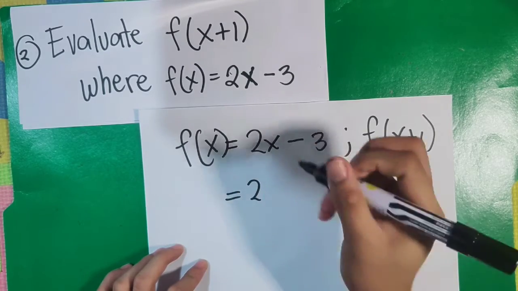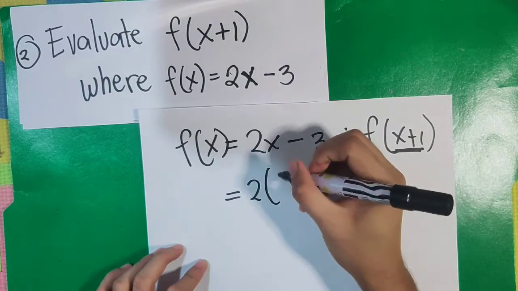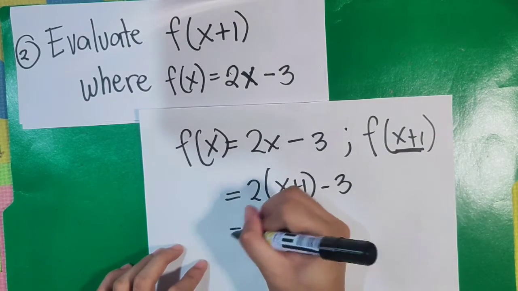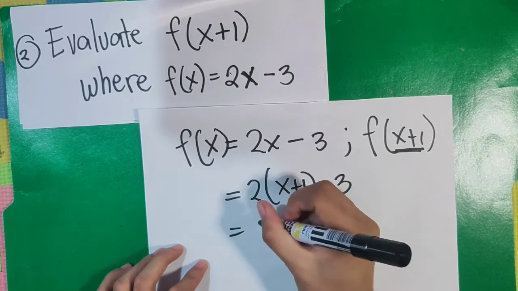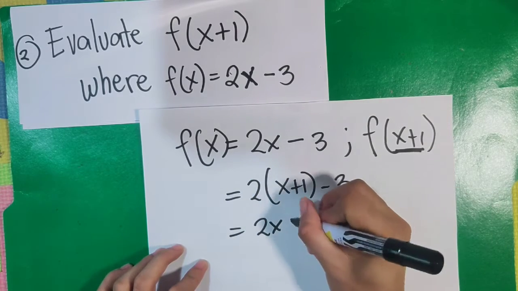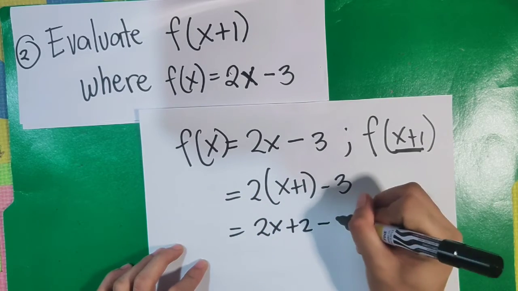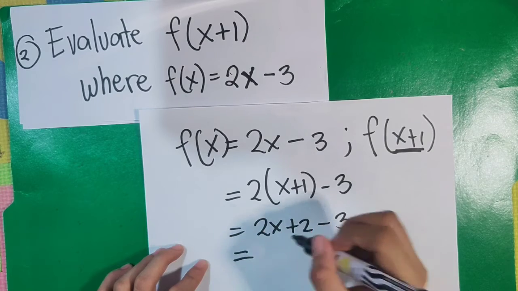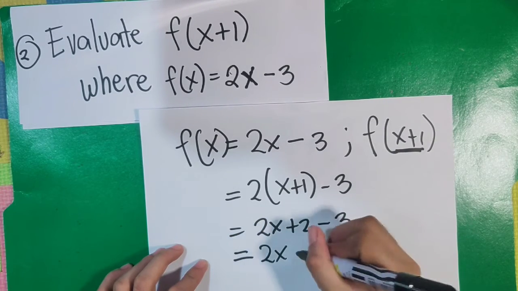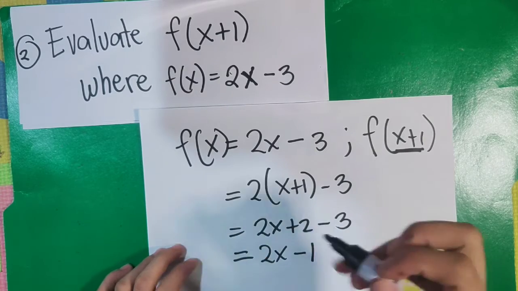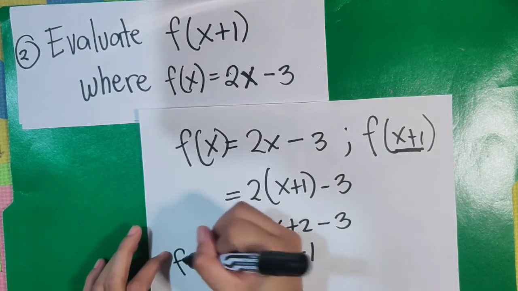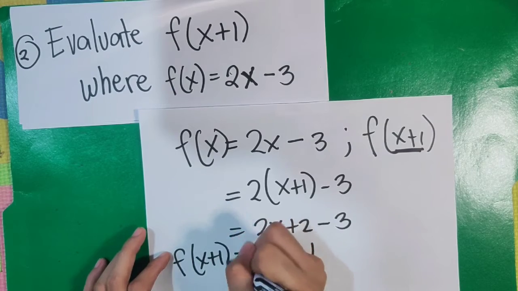So 2 times x plus 1 minus 3. So 2 times x we get 2x. So 2 times 1 we get 2. So plus 2 minus 3. Combining like terms, we get 2x, and 2 minus 3 gives negative 1. Now this is f of x plus 1.